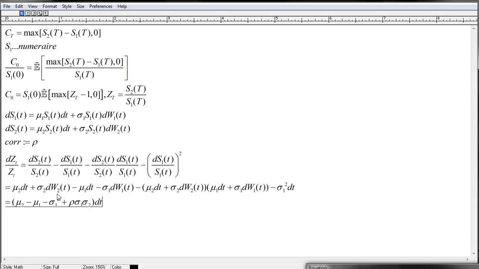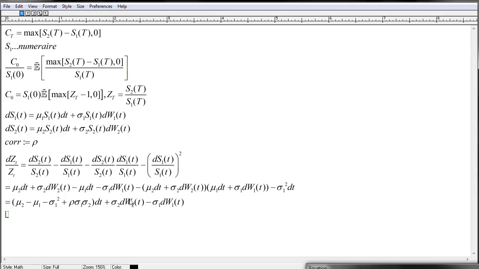So put here this one and this one. Okay, so now I have a slightly better expression, but I'm not that much clever from this, because what I really hate is these two Brownian motions. To get rid of that, I can somehow merge them together.